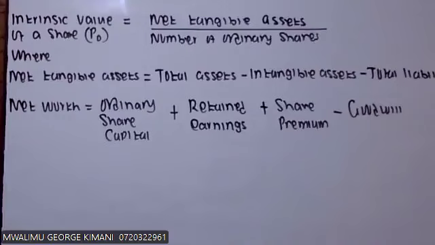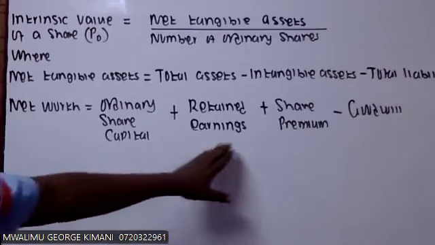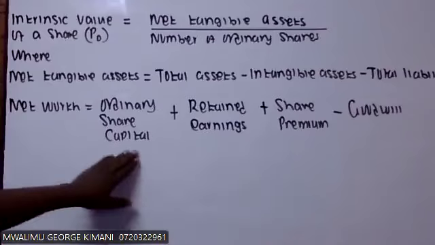So that is the approach that is called the net assets. They are the assets that remain after you subtract the liabilities and the intangibles. And the net worth, the ordinary share capital plus the retained earnings. Remember, these are part of equity.